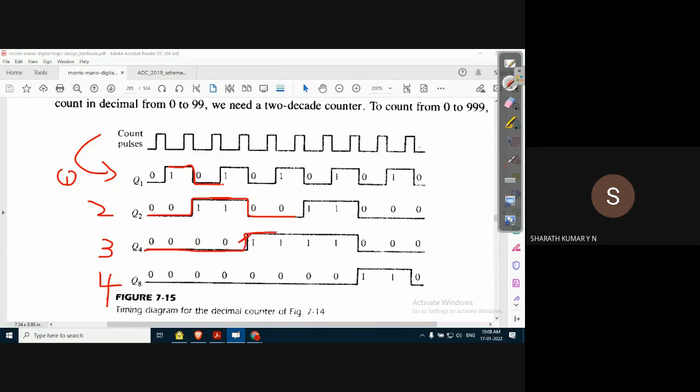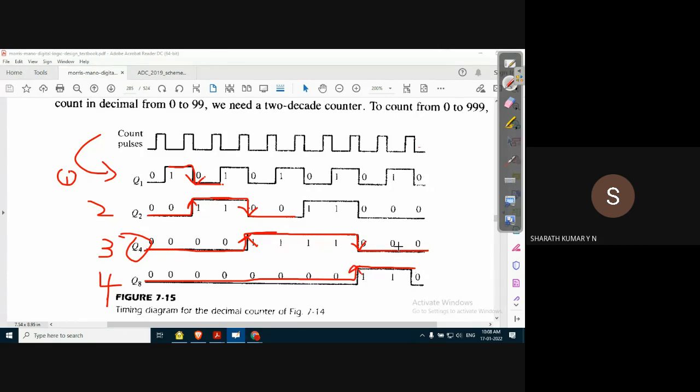So these transitions are important. Now, when the third flip flop's normal output Q goes from 1 to 0, there is a negative transition, a falling edge, and the fourth flip flop will go from 0 to 1.